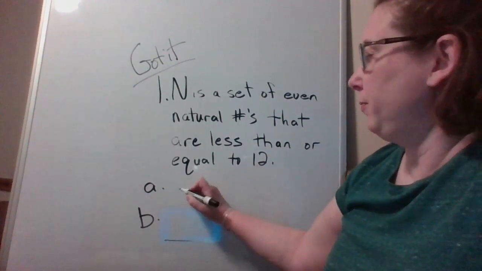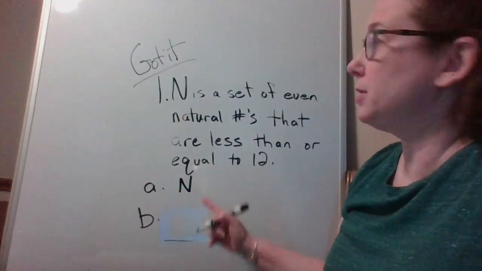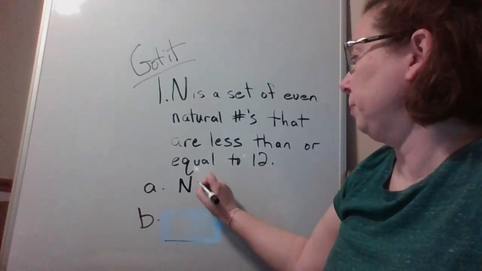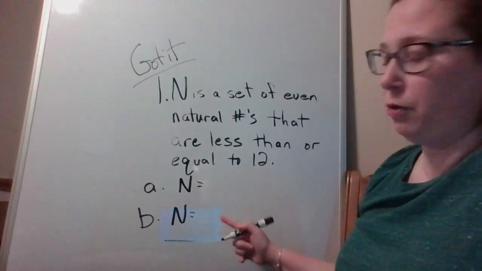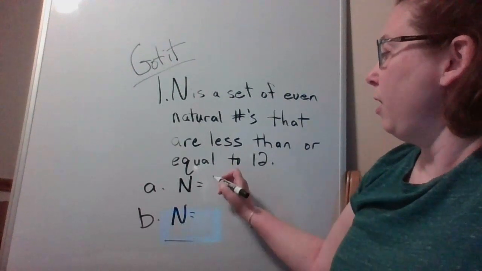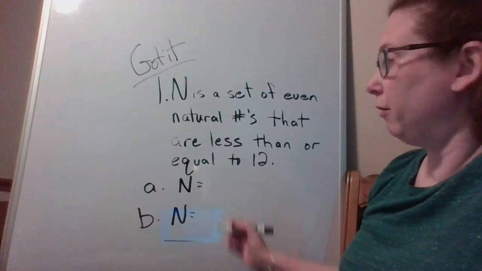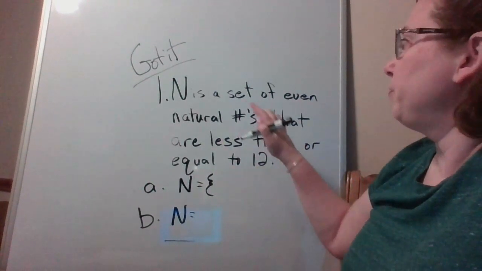So again, both of them are going to start out with the name of your set, which in this case is N. Remember, that's a capital letter for sets. Roster form is just going to list all the elements of our set. So we need to put them in a bracket.